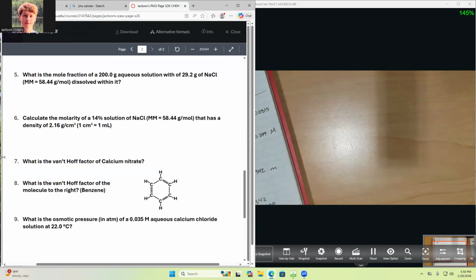So molar mass of water is 18.02 grams per mole. That's a good one to memorize, though. For moles of aqueous, moles of the solute over, you got the denominator right. The numerator is only the sodium chloride.